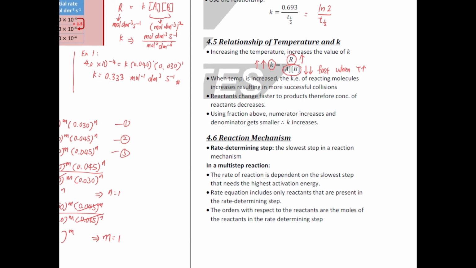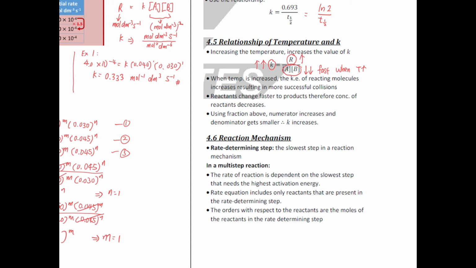So this is the third method that I mentioned just now. There are three methods to determine the order in the rate equation. The first method is the graph. The second method is using the table, like just now. And now we come to the third method.